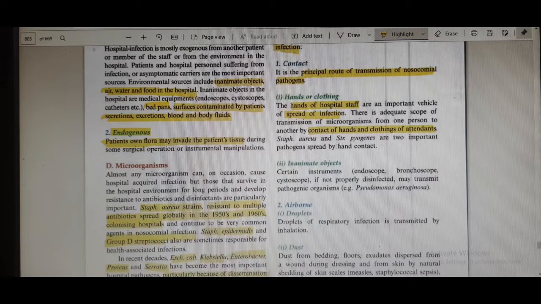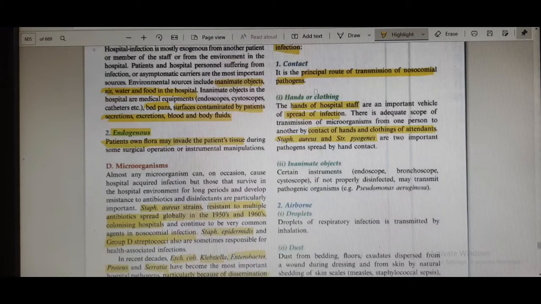Staphylococcus aureus and Streptococcus pyogenes are the two important pathogens spreading by hand contact. So contact is a principal route of transmission. There are two types: one is hands or clothes, and the other is inanimate objects. Hands or clothes could be the hands of hospital staff, or the hands and clothing of patient attendees, the ones who come along to look after the patient.